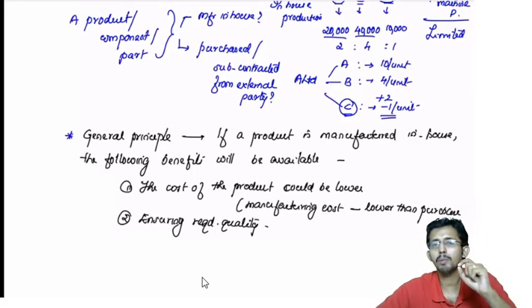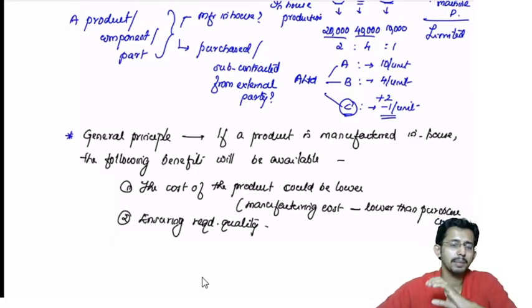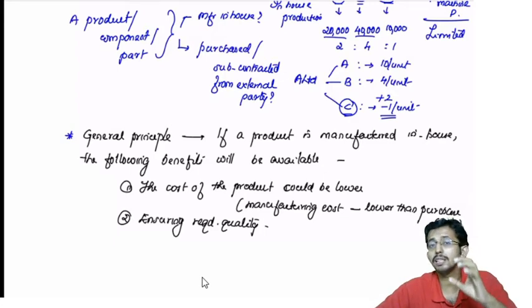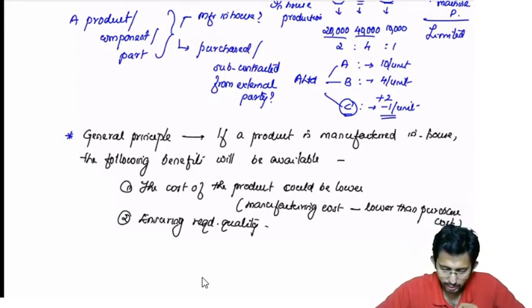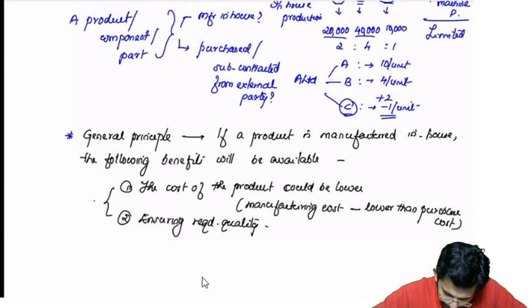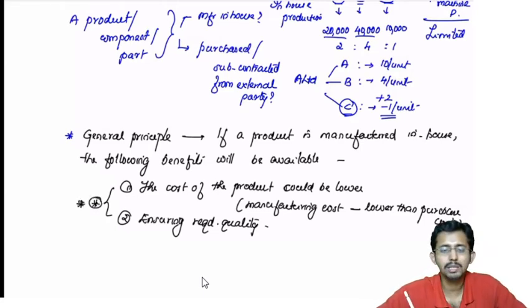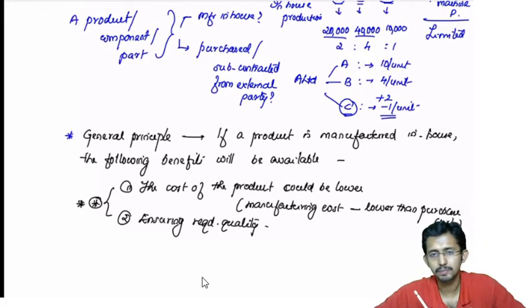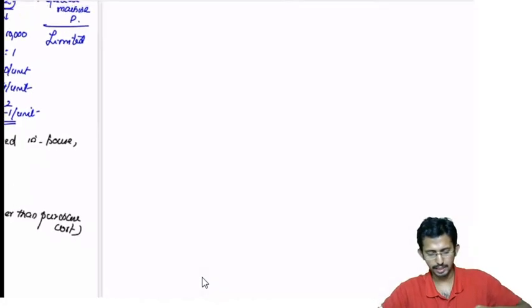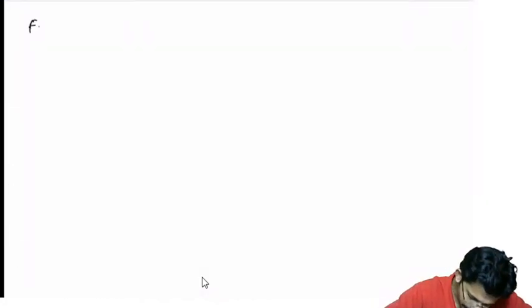So there will not be any compromise in the quality. The company can produce the product with the required quality. So these are the major 2 reasons why entities prefer manufacturing components and parts in-house. Is it clear?